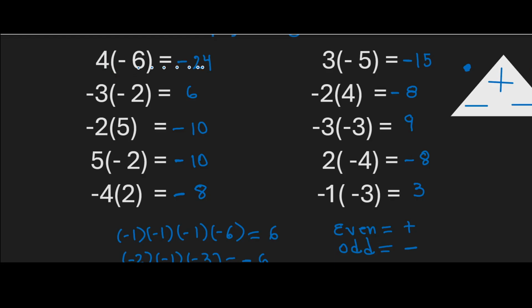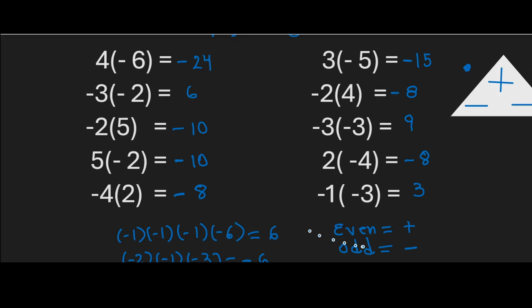Multiply 6 times 4, the answer should be negative 24. When you multiply negative times a negative, how many negatives do we have? 2. 1 and 2. Number 2 is an even number, right? So that means that the answer should be positive, and you multiply 3 times 2, the answer is positive 6.